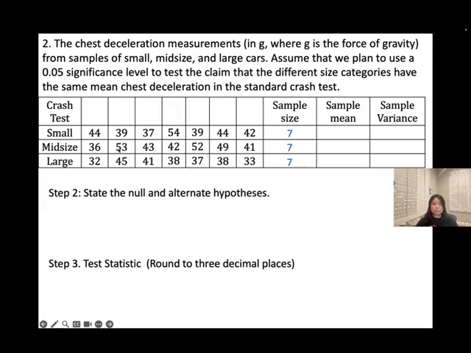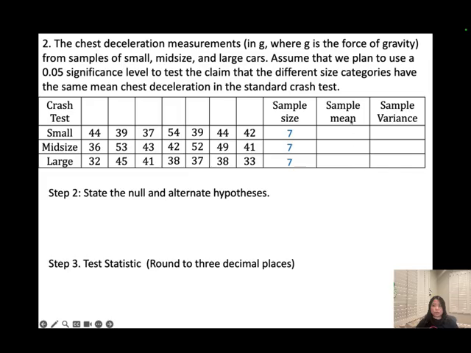Input the data in L1, L2, and L3. Figure out the sample mean and the sample variance. Check your work.